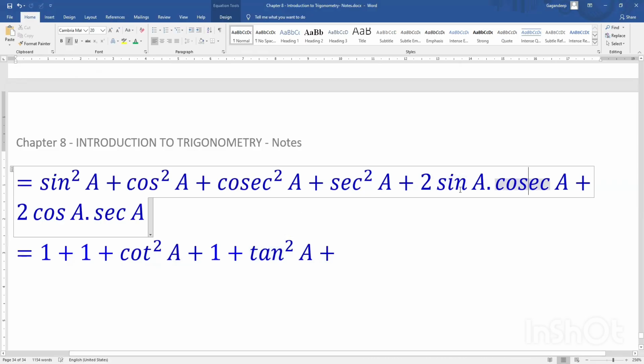Then sin A into cosecant A, they get cancelled because they are reciprocals. Let me show you.